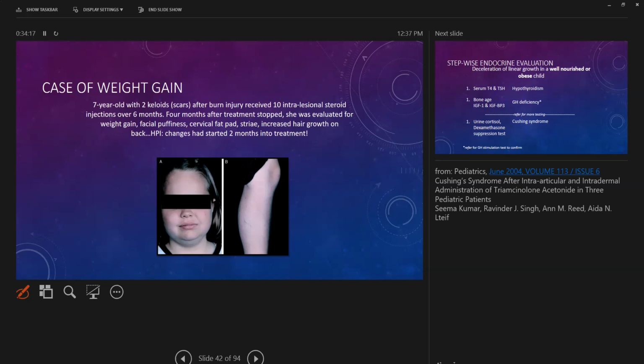These injections occurred over and over for 6 months. 4 months after the treatment stopped, she was evaluated for weight gain, facial puffiness, cervical fat pad, striae, and increased hair growth on her back, which is never a cool thing, especially for a 7-year-old girl. And per the HPI, this started about 2 months into the steroid treatment.